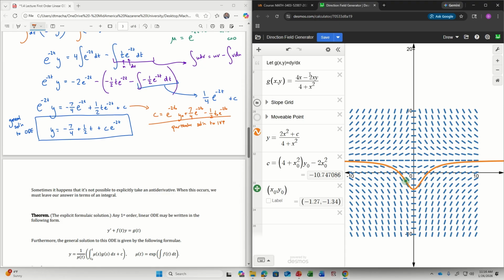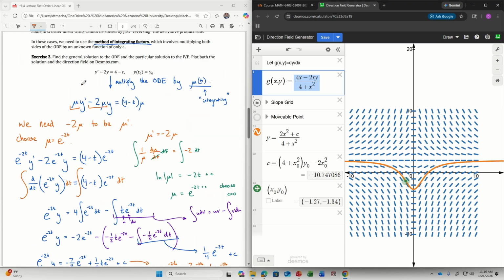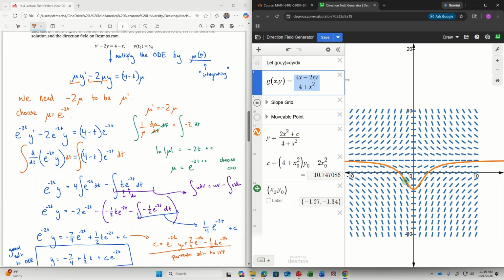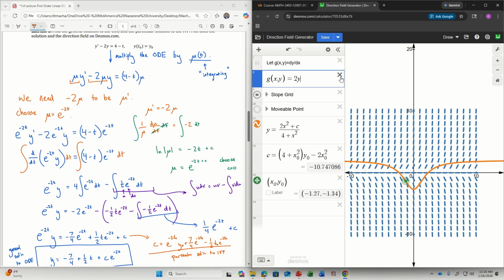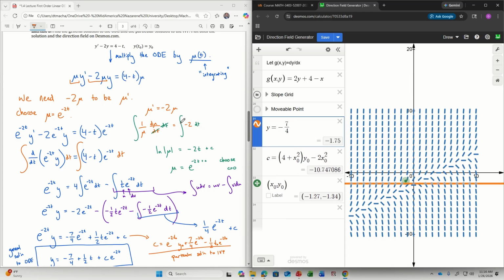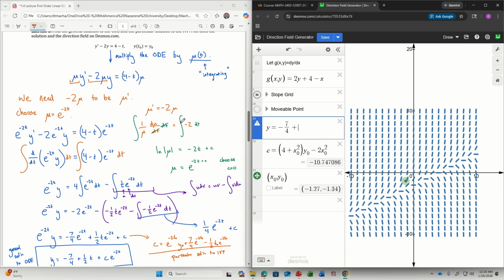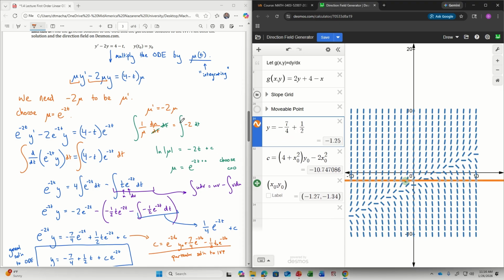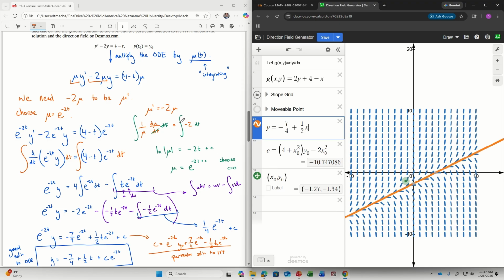So once again, let's get the direction field for my ODE, which is going to be 2y plus 4 minus x. The solution is going to be -7/4 plus 1/2 x plus c e to the power -2x.